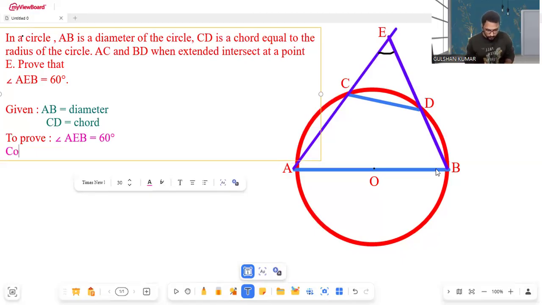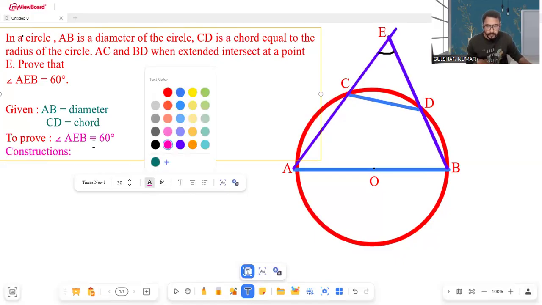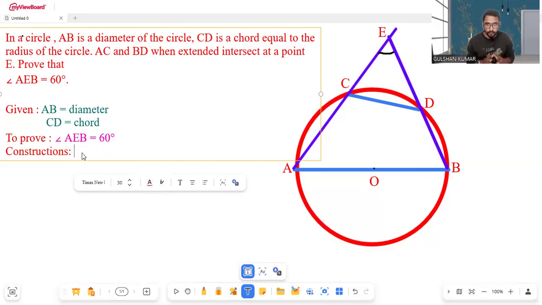So first of all, we have to do some constructions. What do we have to do? Use a single color so that we can easily understand what we have and what we don't have.